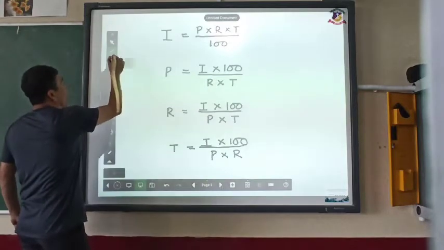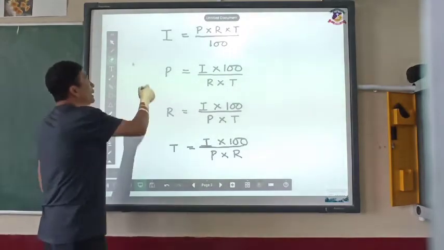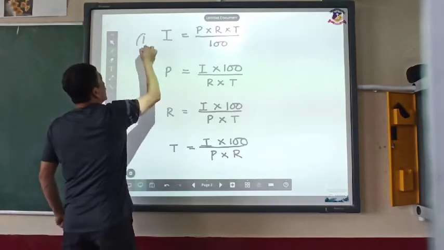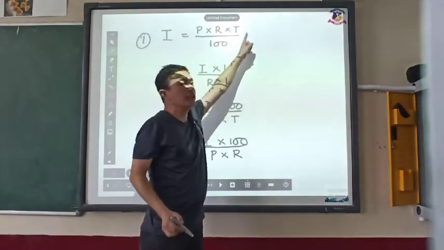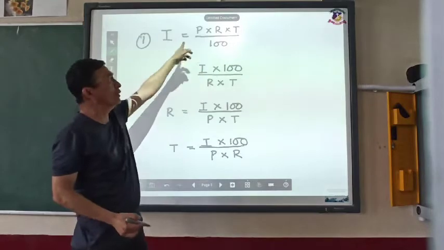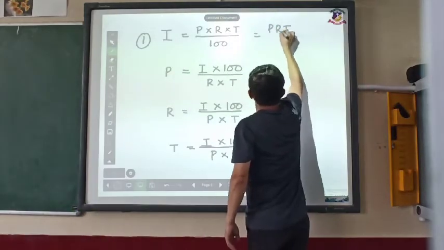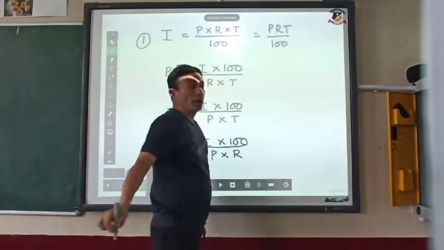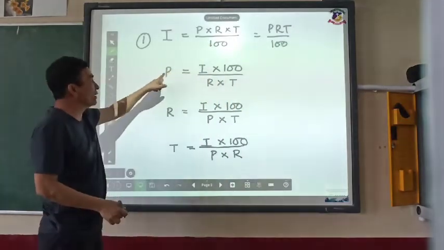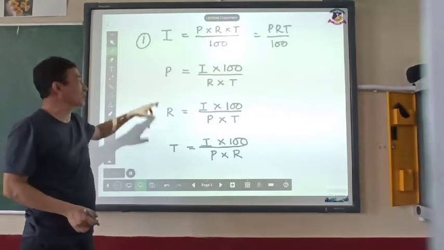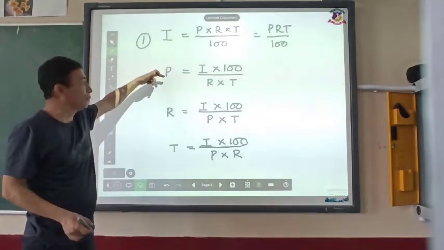Now there are many other formulas. Okay, this was our first formula. Interest is equal to P into R into T upon 100, or we simply write it as PRT upon 100. Now from the same formula, we can come across many of these formulas where we can find the principal directly.